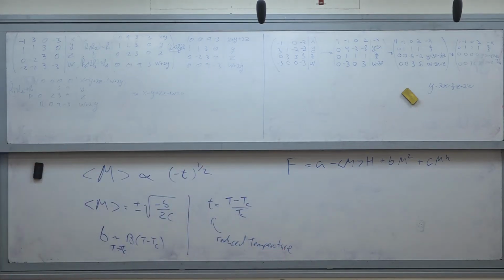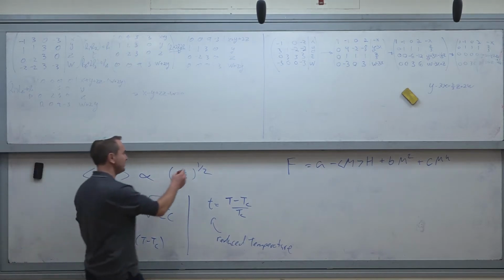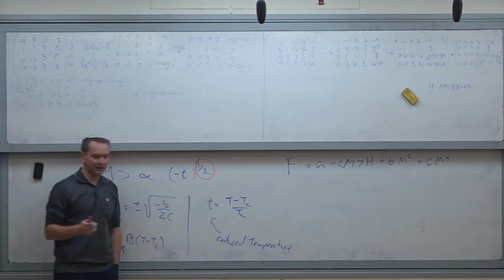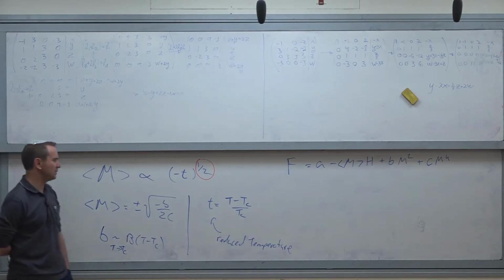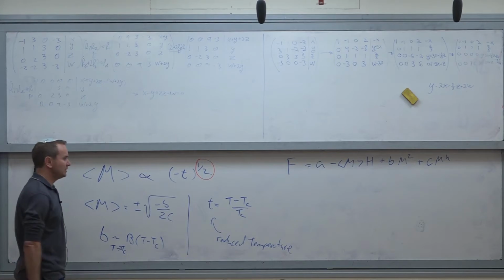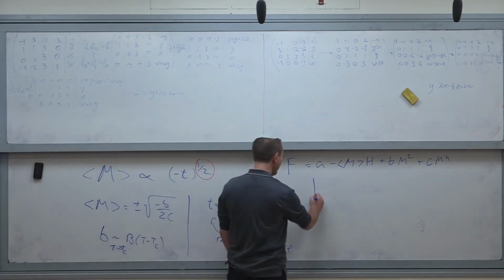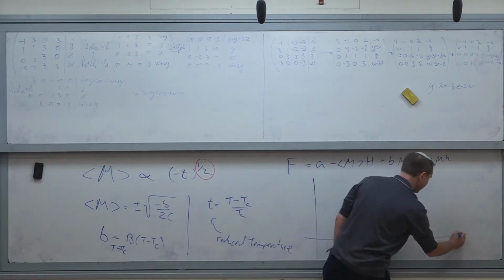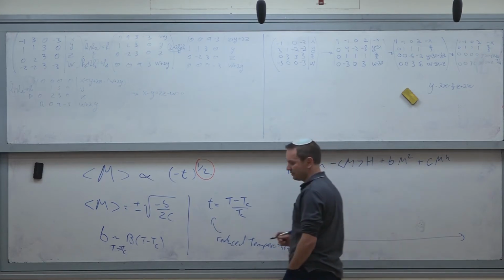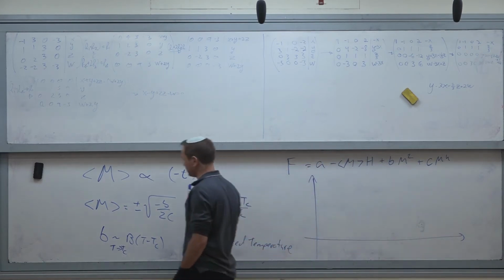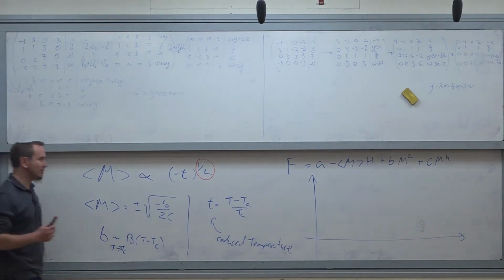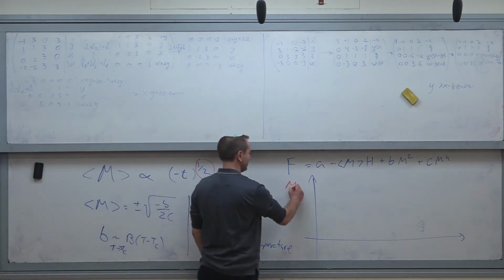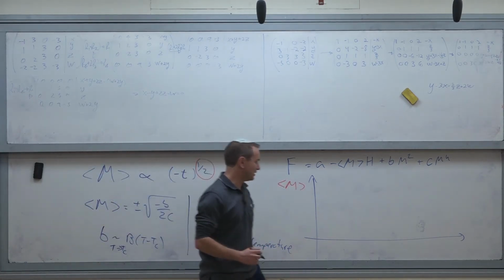So we have this exponent of 1/2. It looks like nothing really interesting, but it actually is, because in many systems there is this order-disorder transition. Usually it looks like this. We already have this plot many times.